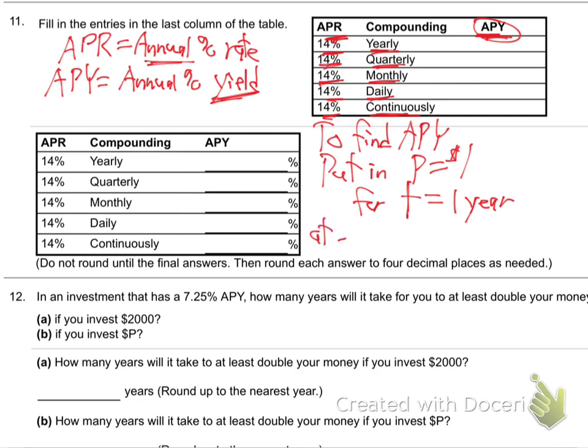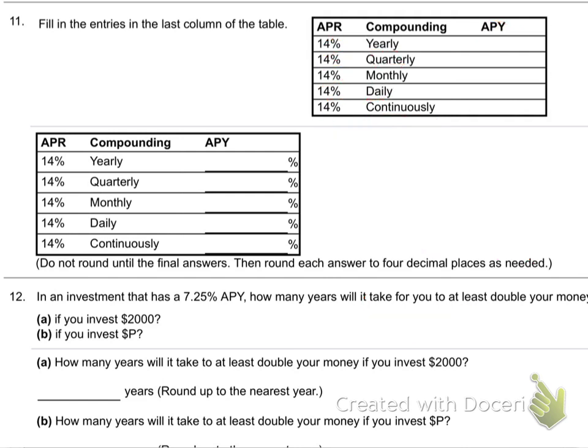And then at the end, remove the 1 in the front and change to a percentage. Just like we did before, you cut off the 1 and you find out what happens to $1. So that's what we're going to do.